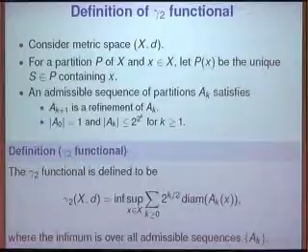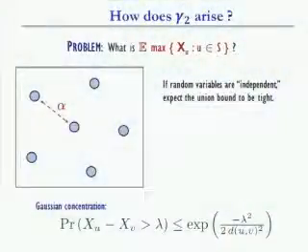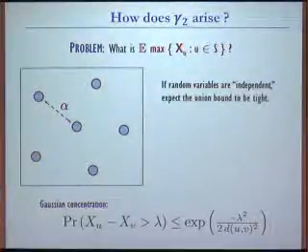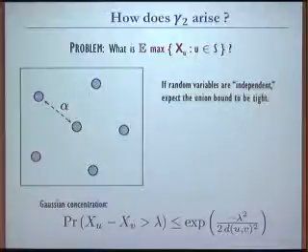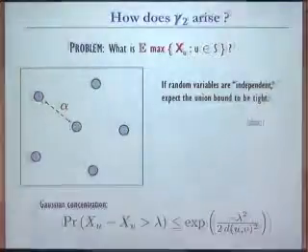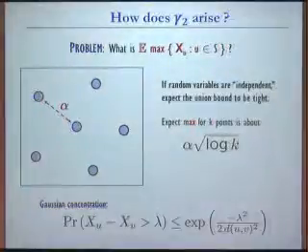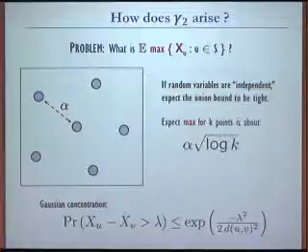All right. So I'll give you the rough reason where these kind of estimates come from. This is the method of chaining. If you have the maximum of independent variables, you expect the union bound to be tight. So for the maximum of k points, you expect order square root log k, and indeed that's easy to prove in the independent case.